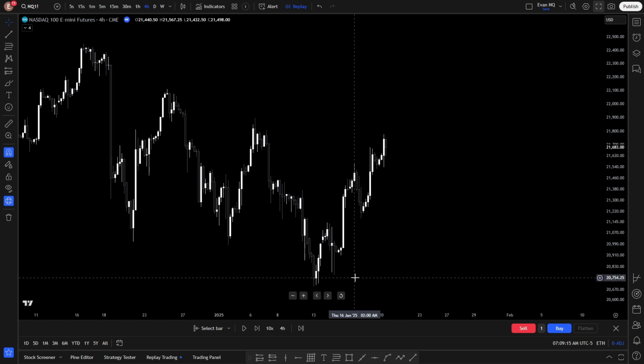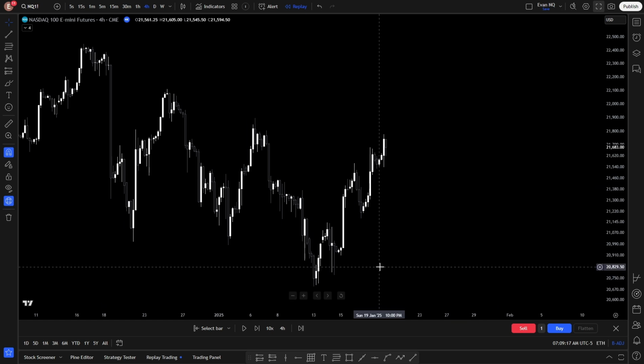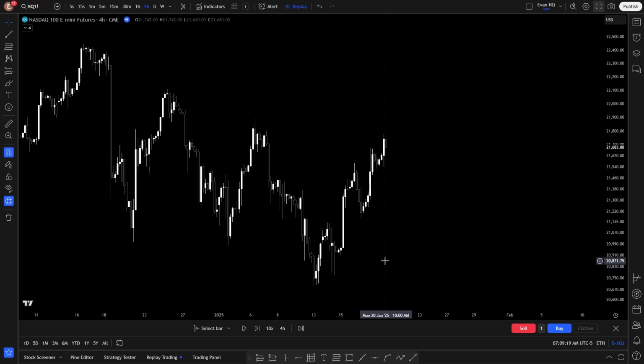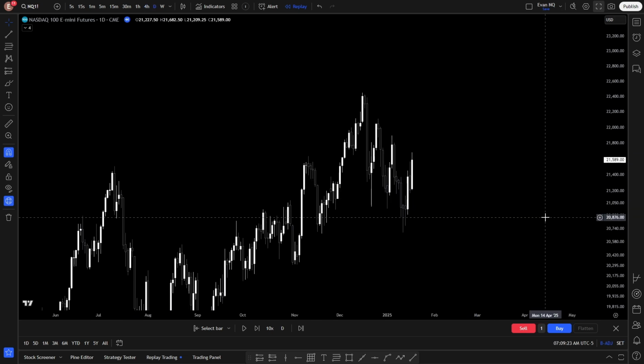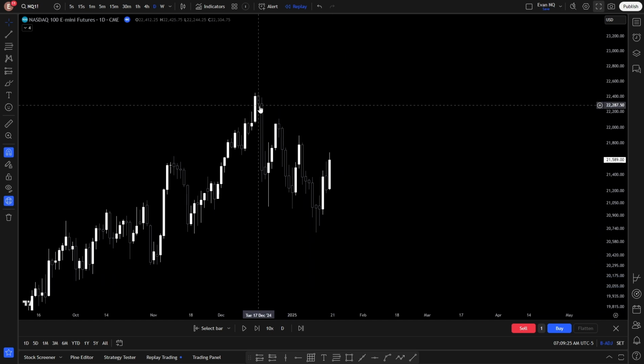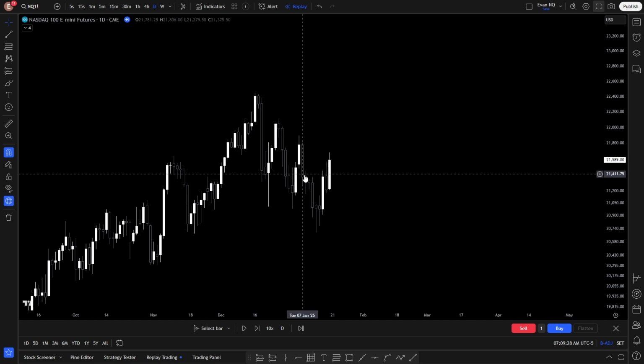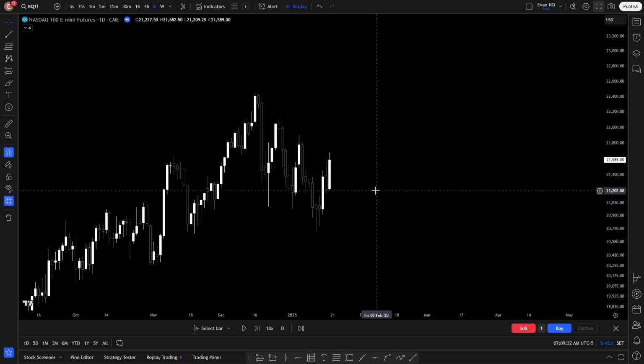So this is an example. This was not that long ago. This is January 20th, Monday. So if we zoom out to the daily, right, as you can see, market came down, created these generated highs. Then now we started to see a big move up, right?